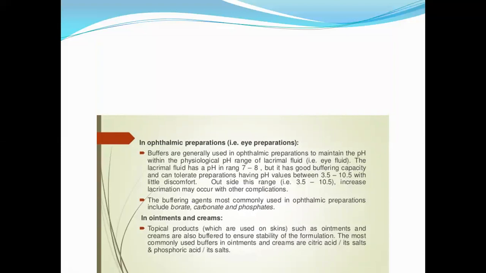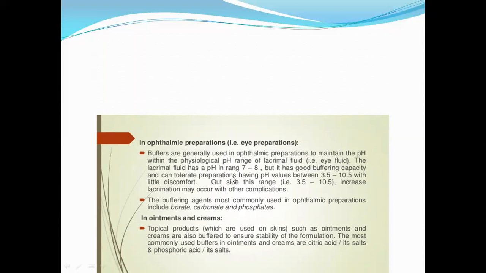Eye preparations are also pharmaceutical preparations, and buffers are needed to maintain a proper pH of the solution. They are used in ophthalmic preparations to maintain the pH within the physiological pH range of lacrimal fluid, that is the eye fluid.